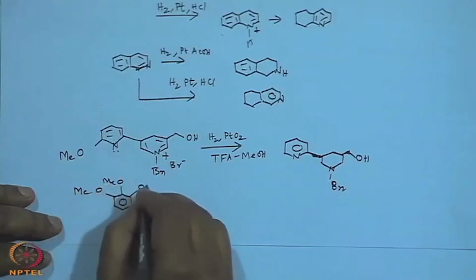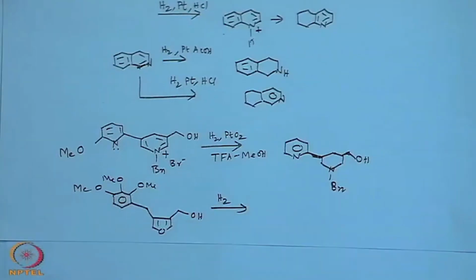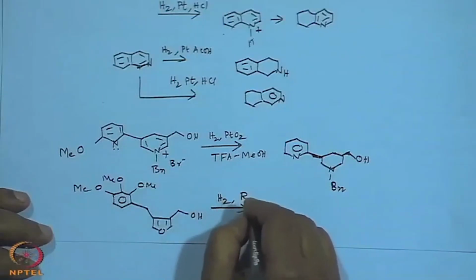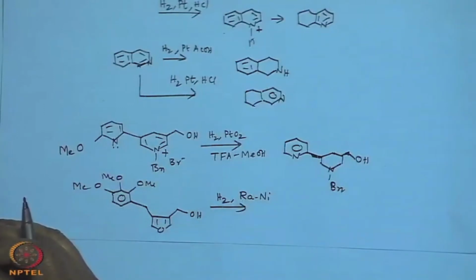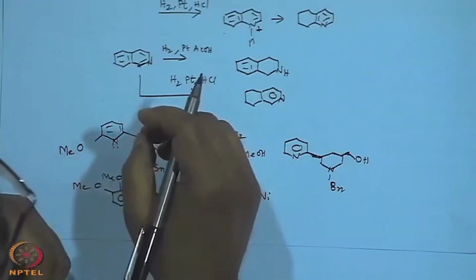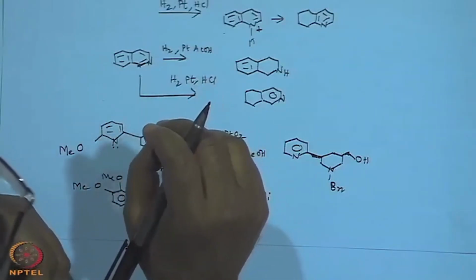The reaction condition is hydrogen, and the catalyst is Raney nickel. By now you know, I guess, how Raney nickel is made quickly. It is made from an alloy of aluminum and nickel. Aluminum reacts with sodium hydroxide to get hydrogen, and then it absorbs.